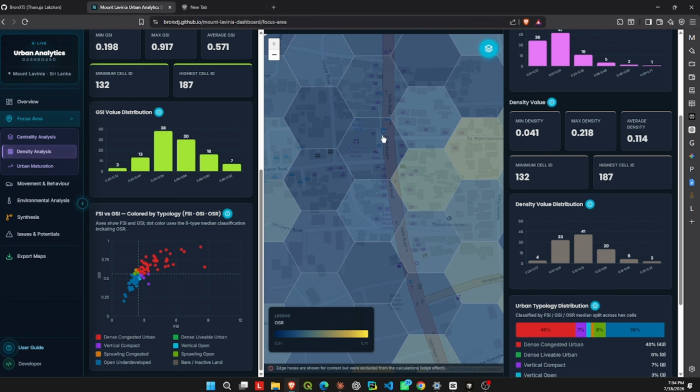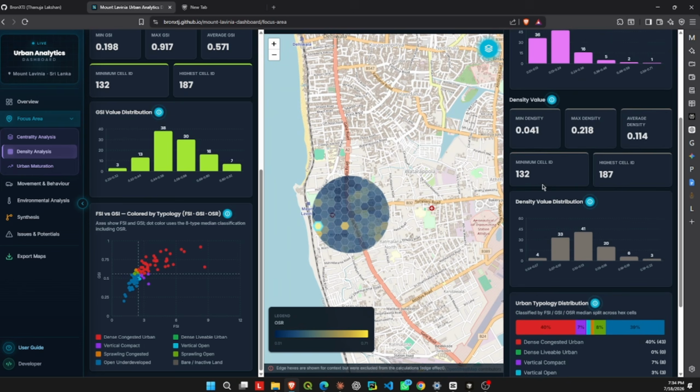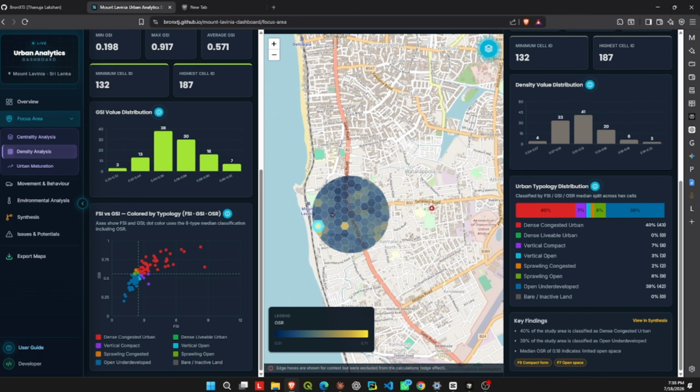Also, near the bus stand, there are higher apartments. So the last one: urban typology.